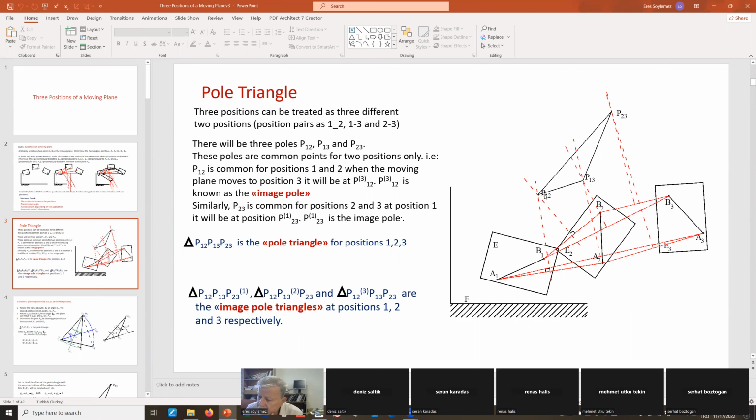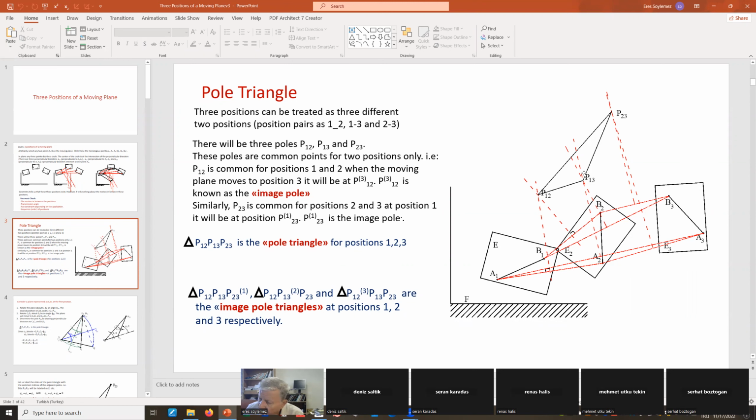If I select a point C3 over here, I can determine C1 by rotating C3 about P13 by an angle minus phi13. If I select a point C1 over here, I can determine C3 by rotating C1 about P13 by an angle phi13. I do the reverse if I select C3.